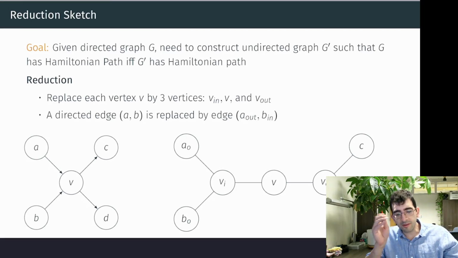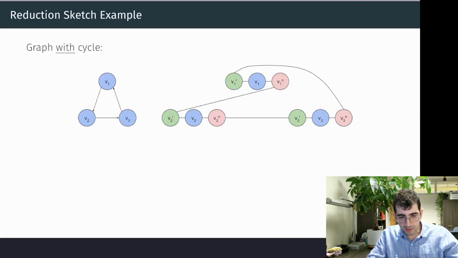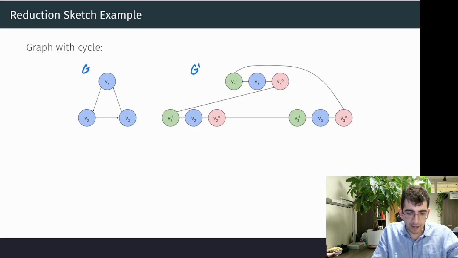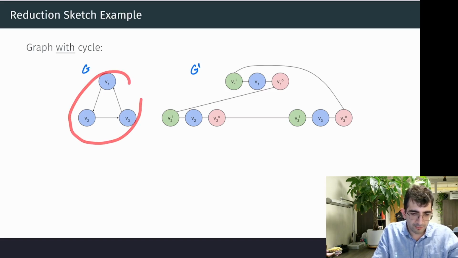So how does this work? Well, let's test it out with graphs that have cycles and graphs that don't have cycles. So this is our original G, and this is our G prime. In the original G graph, we have a cycle, right? Our cycle goes from here, here, here.